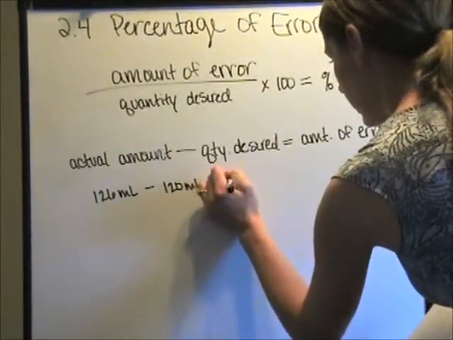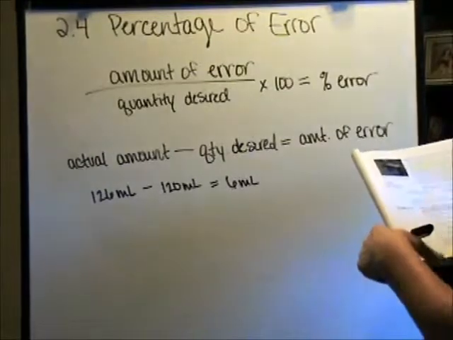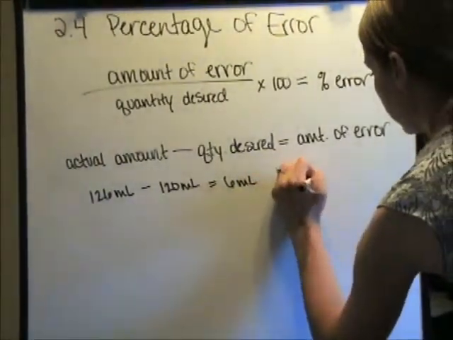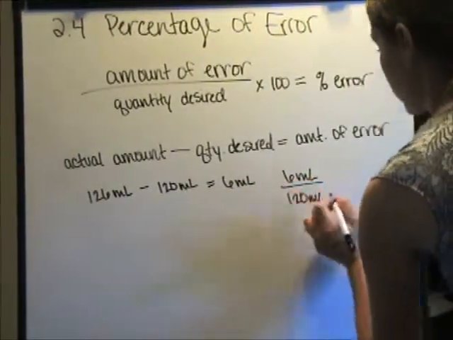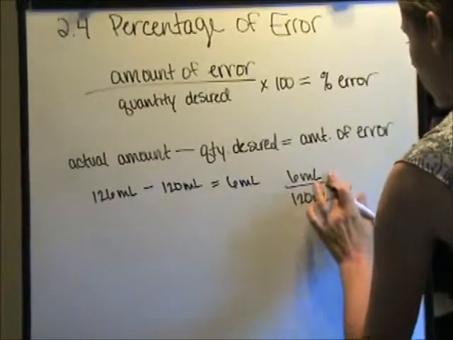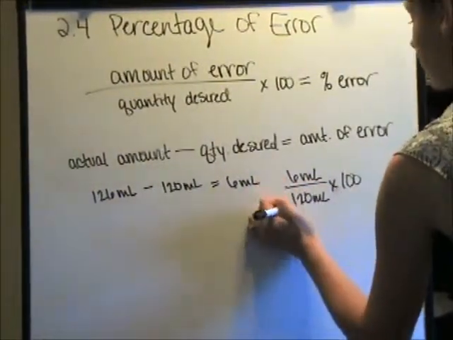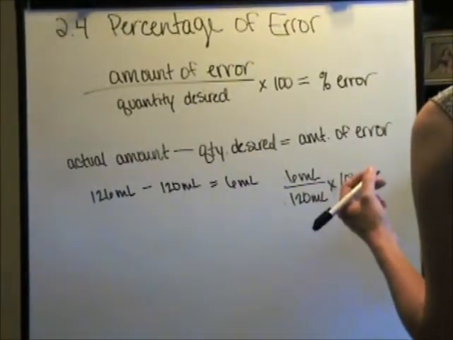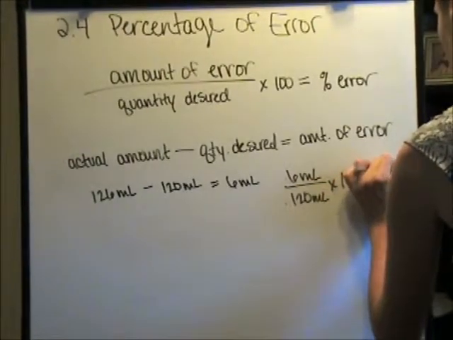126 minus 120, so our amount of error is 6 ml. So now we're ready to find our percentage of error. We're going to take the amount of error divided by the quantity desired, which is 120 ml, and we're going to multiply that by 100. 6 divided by 120 times 100 is going to give us 5%.